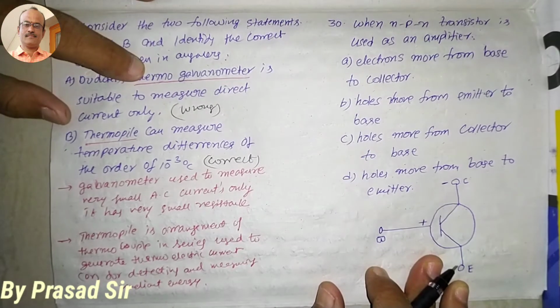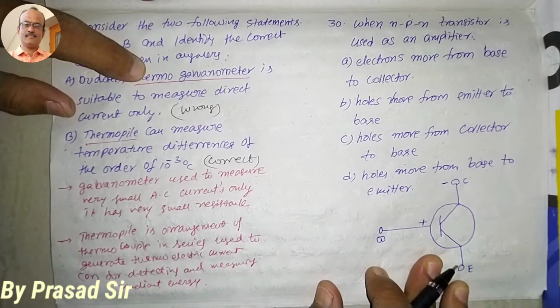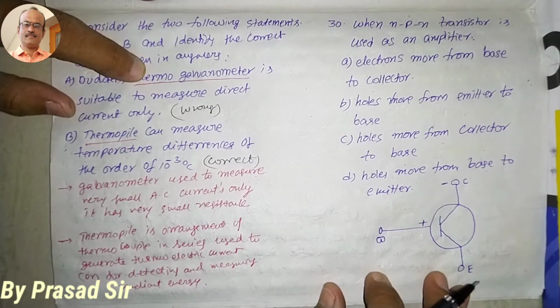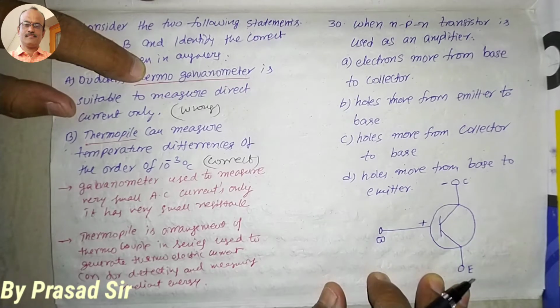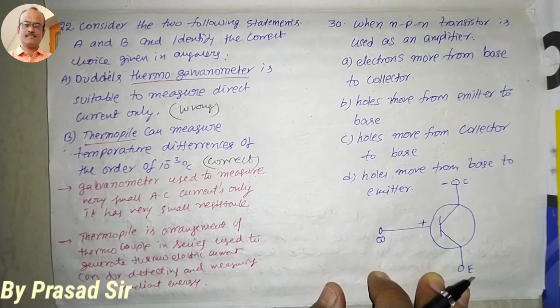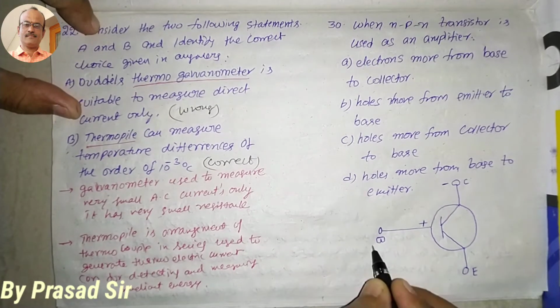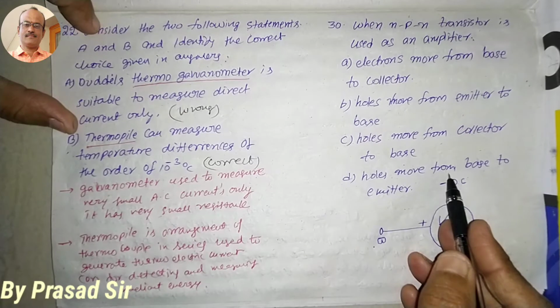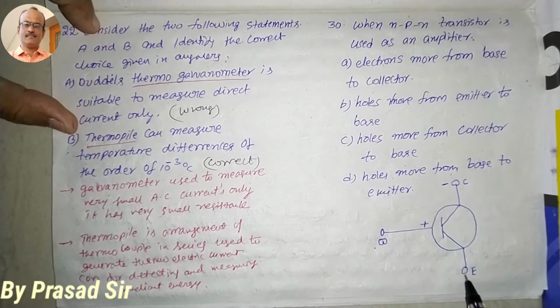Now question number 30. When an NPN transistor is used as an amplifier, what happens here? Actually, a transistor can be considered as base, collector, emitter. Here I will write base, here collector and here emitter.